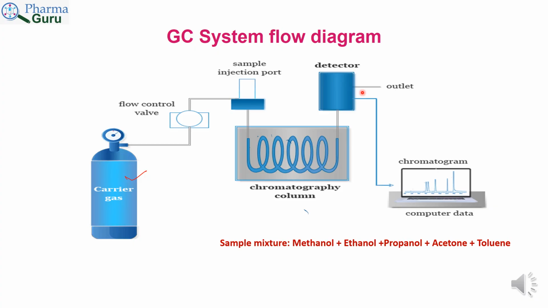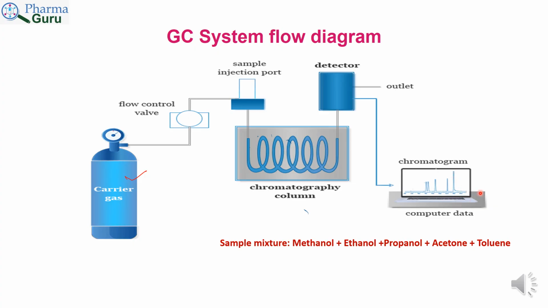Detector detects it and converts it into the signal of toluene and sends that signal to the data processor, and data processor converts it into the peak of toluene in the chromatogram.